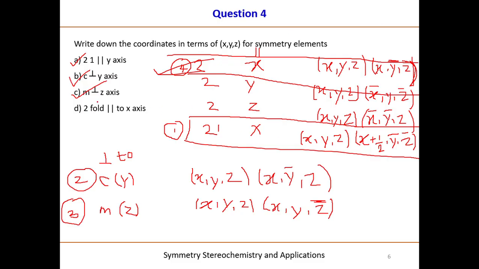So I hope all of you have got the correct answer for all the questions. So in today's lecture, what we have done is questions based on symmetry elements and lattice. I will give a little summary for today's lecture.